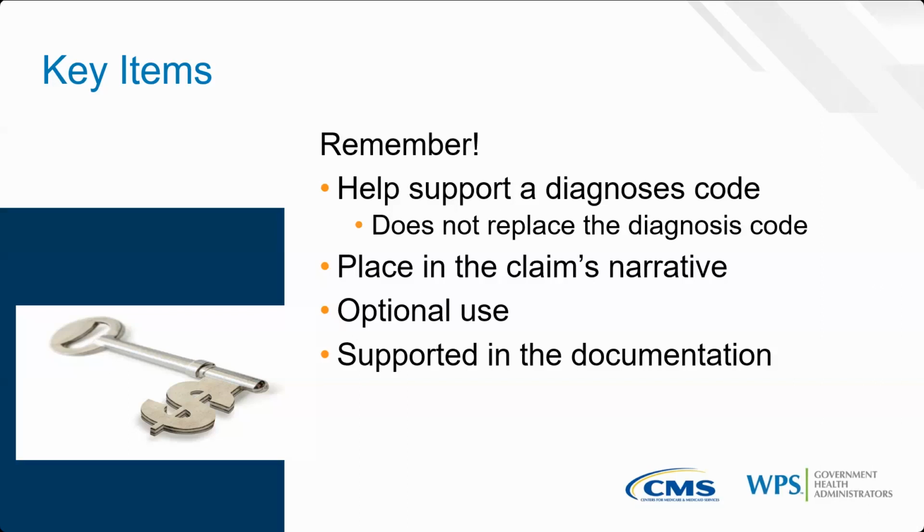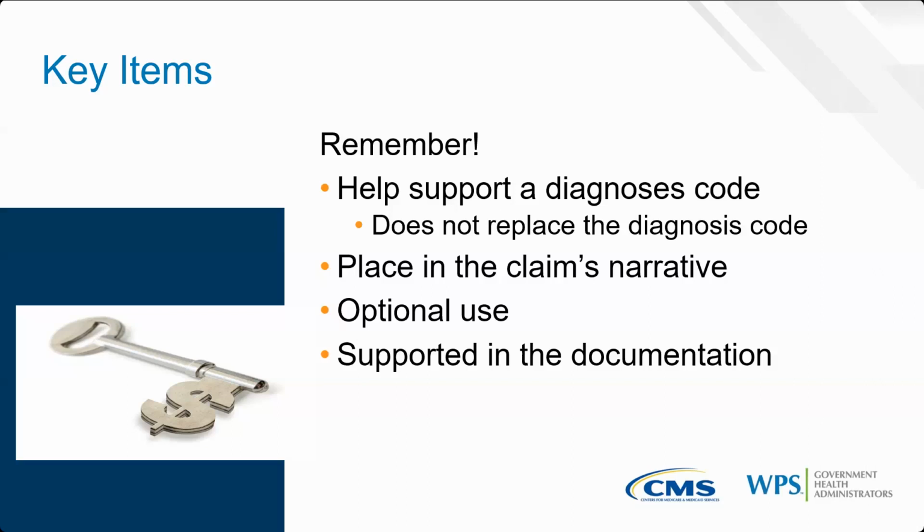If it's not supported in the documentation, it's not information you should be using. It will not help pay your claim, and could cause other issues and be found as an error for Medicare and for you, which means we may take our money back, or ask you to fix the claim. So please make sure that if you're using it, it is properly supported within the documentation.